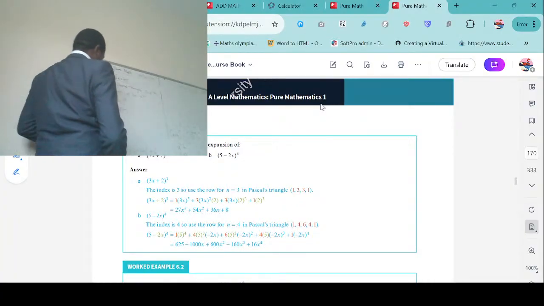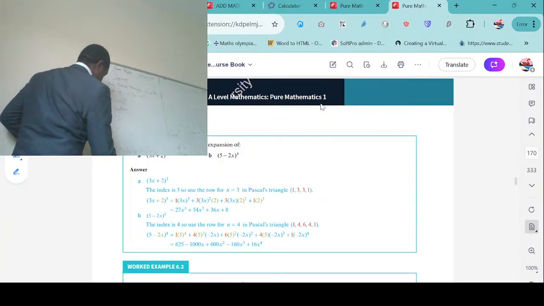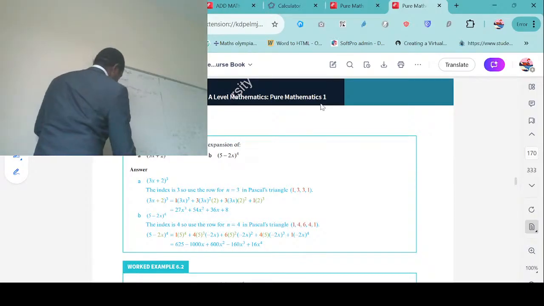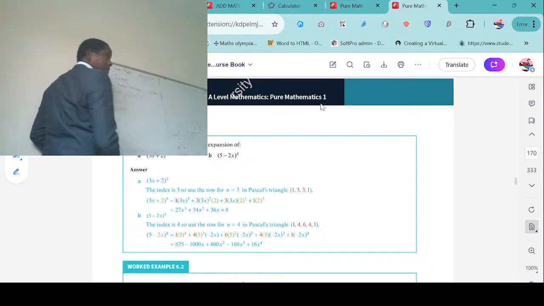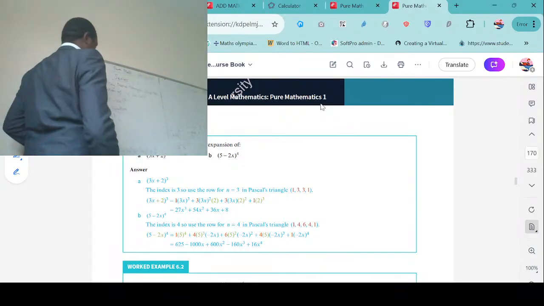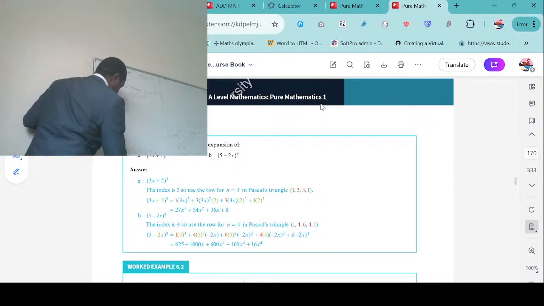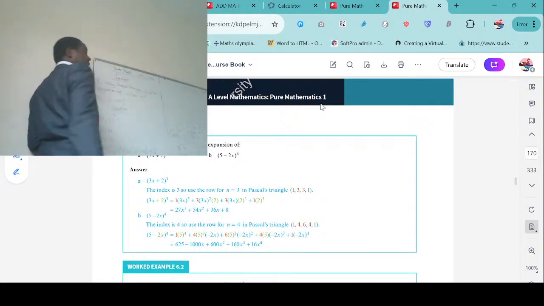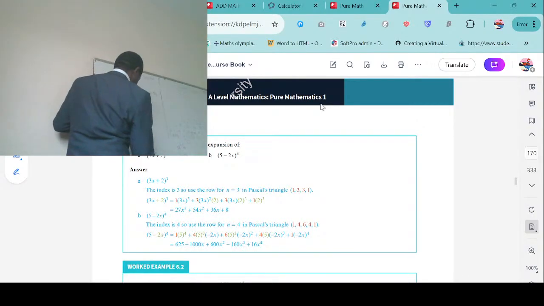So recall that a is 3x, so this is going to be 3x raised to the power of 3. We just replace our a with 3x: plus 3 times 3x raised to the power of 2 times negative 2, plus 3 times 3x times negative 2 raised to the power of 2, plus negative 2 raised to the power of 3. So 3x raised to the power of 3 becomes 27x cubed, plus 3 times 9x squared, that's 27x squared, times negative 2, that will give me 54.